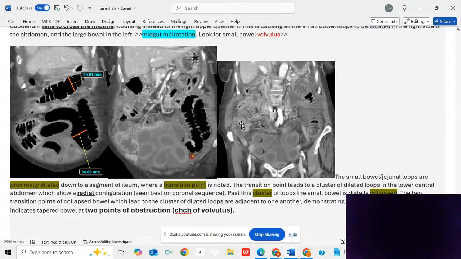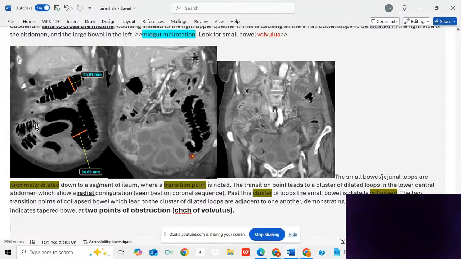Okay, so the small bowel or jejunal loops are proximally dilated. Can you see the valvulae of the bowel loops? That's why I've mentioned that the proximal jejunal loops are dilated.